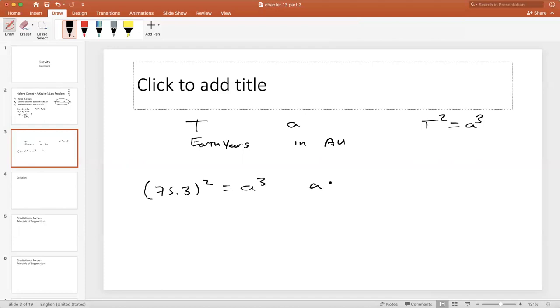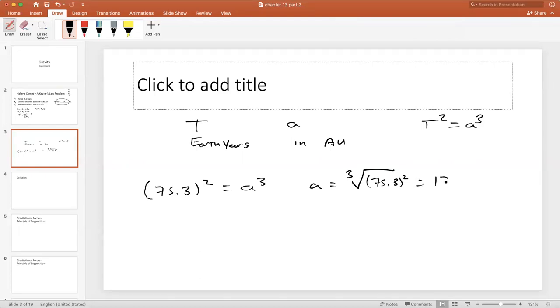This tells us that A is equal to what's called the third root of 75.3 squared. And that answer is 17.8 AU.